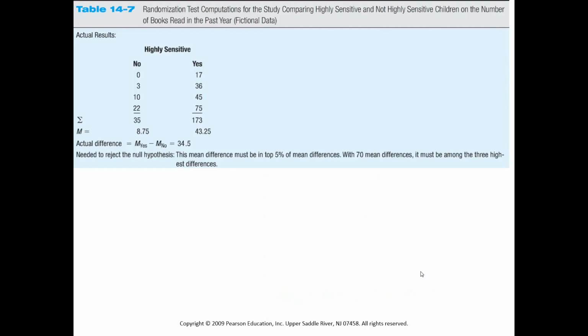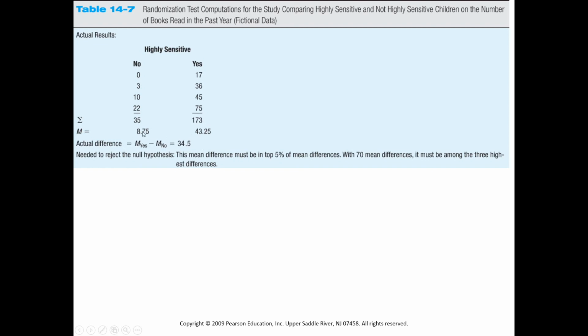So let me do an example. Here is the same data with highly sensitive and non-sensitive students, and how many books they read. Here we can calculate the average number of books which the non-sensitive students and the highly sensitive students read.